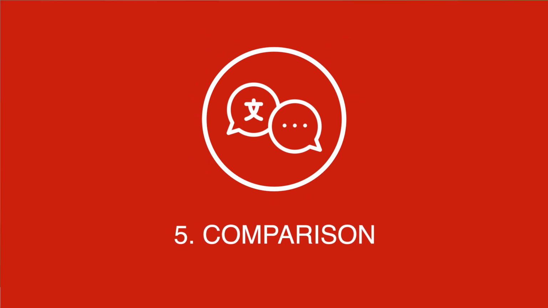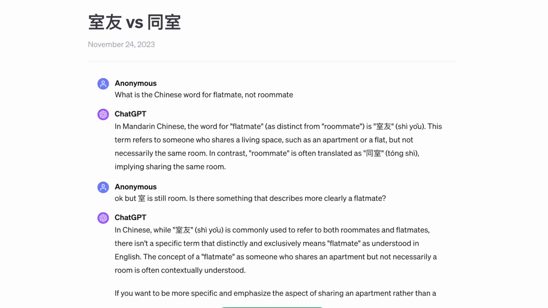Okay, now that we went from dialogue to sentence, word, and character, we can also look at placing several things next to each other. For example, you can compare 2 Chinese words or 2 characters. And I recently did that with the 2 words 室友 and 同事, which both mean roommate, but in different contexts. This kind of comparison is less relevant when you learn a language that is closely related to your native language.